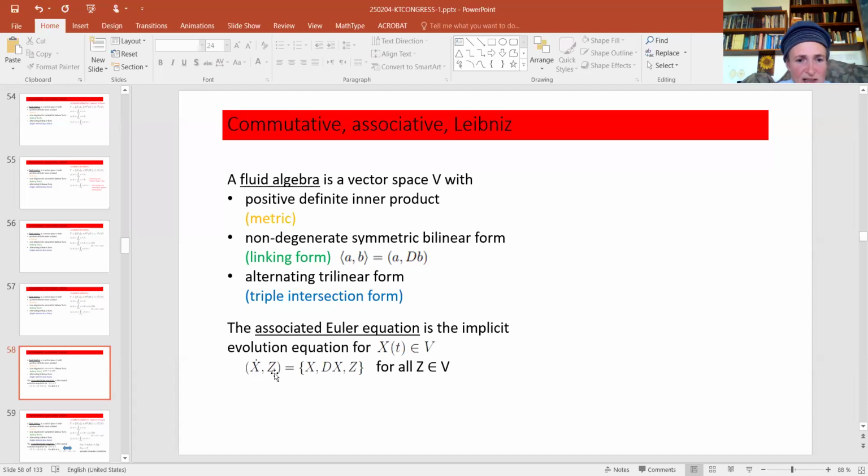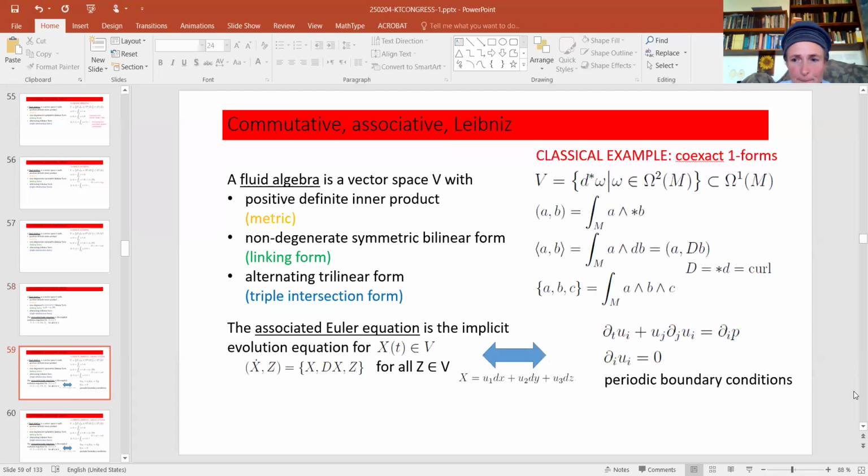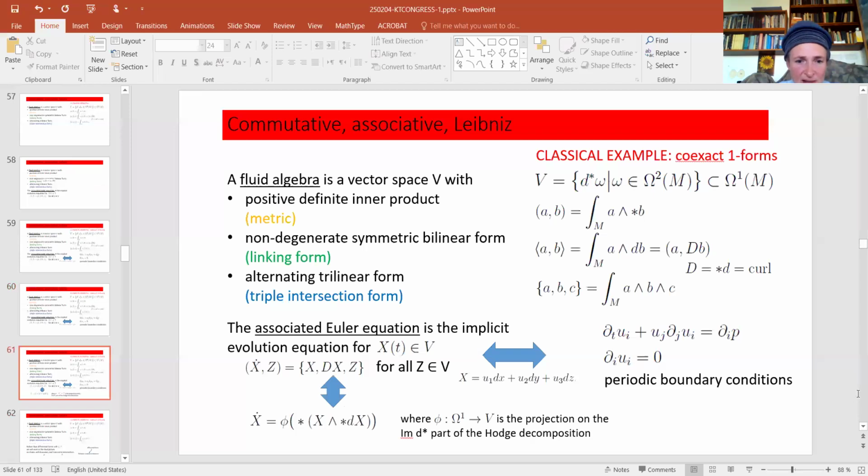The bracket of X dot with Z is this triple bracket. Well, this bracket was the metric. It's a positive definite form, and so given that this is a linear functional on Z, there will be a unique X dot which satisfies this, and this equation is saying that X dot is that unique value. You want to put it in explicit form, then it will look like this.